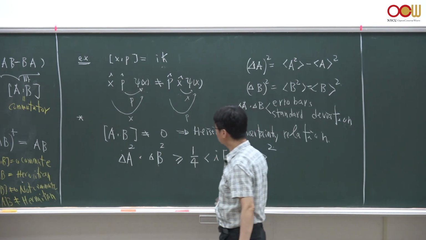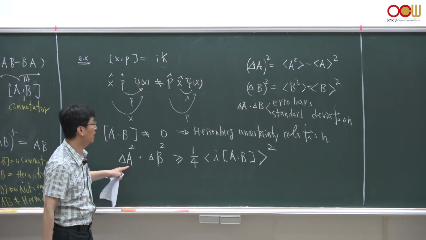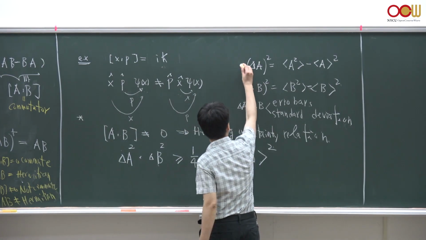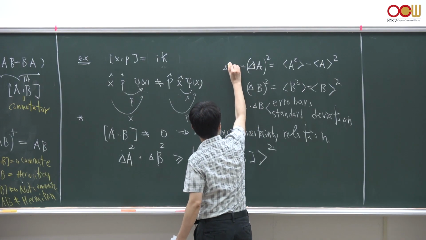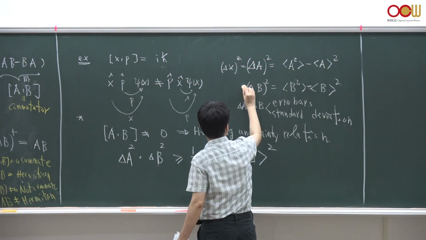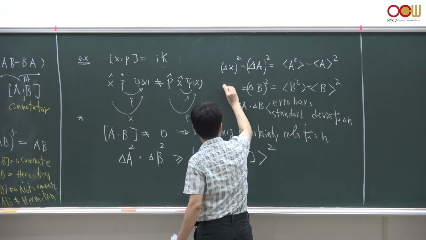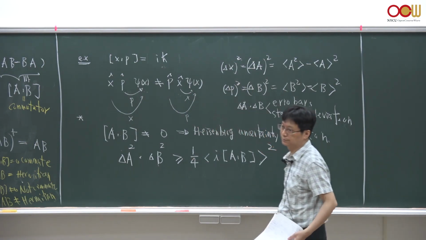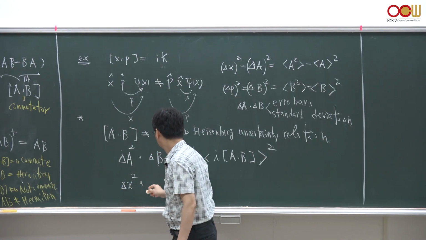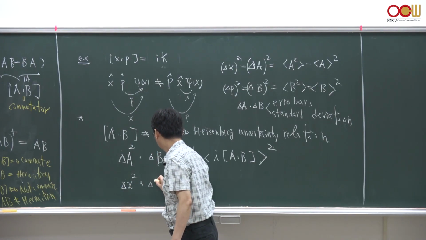Let's put this in a physical context, which is x and p. Suppose A represents the x operator and B represents the momentum operator. Delta A is actually delta x, and delta B is delta p.